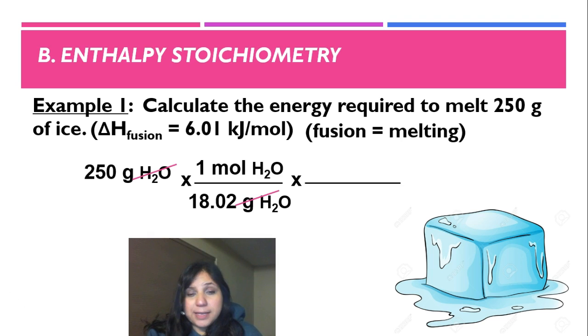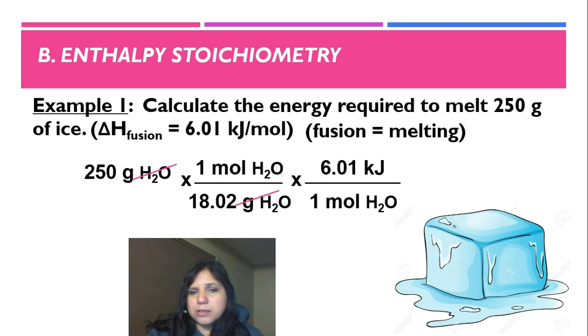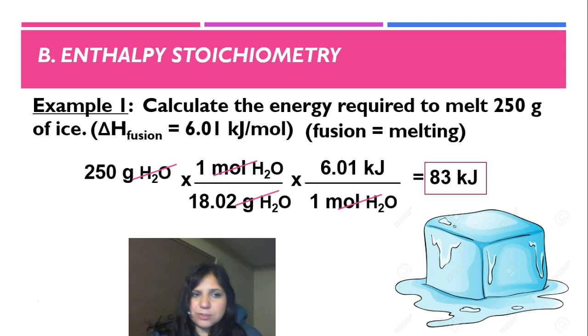And then we'll multiply it again, this time by the enthalpy of fusion, which is 6.01 kilojoules for every 1 mole. So 1 mole of water would give me 6.01 kilojoules. Cancel out moles, and we just do the stoichiometry as usual, and that's 83 kilojoules.